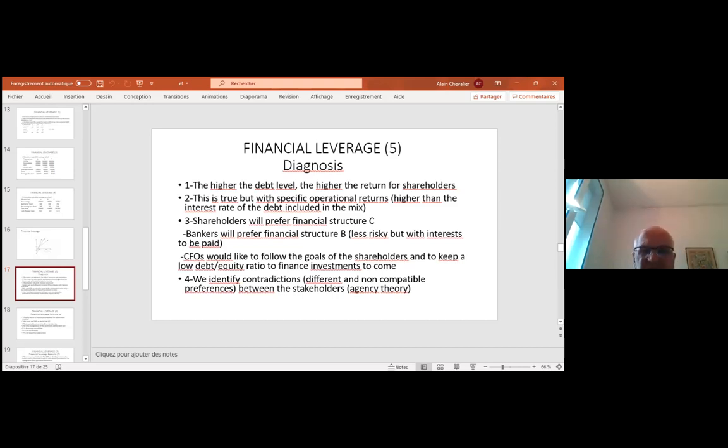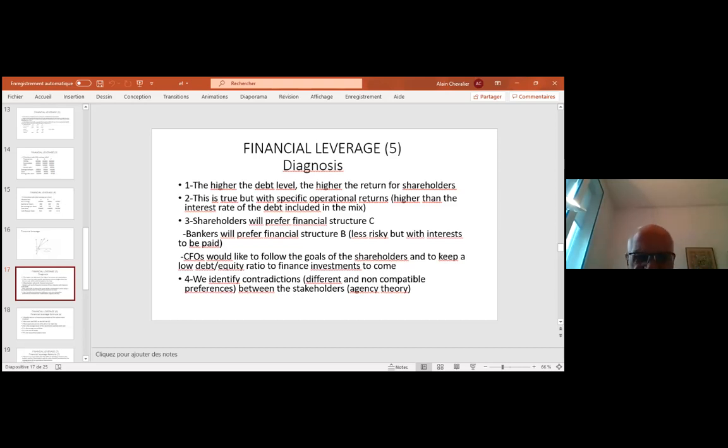So that means if you compare now, what is generally the preference of shareholders? The preference, which is an equilibrium from the bankers between two different positions. And again, the equilibrium of the CFOs between different positions, maybe two different positions which are in contradiction.